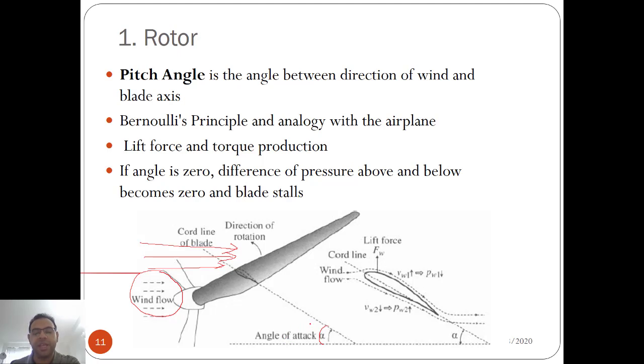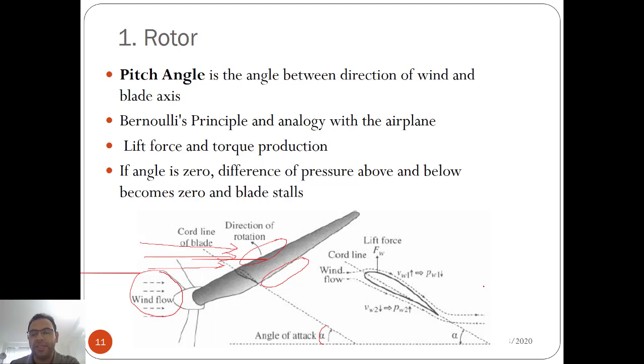By changing this angle, I can adjust what the pressure will be over the top surface and what the pressure will be on the lower surface. Now, what is the principle of Bernoulli? Bernoulli's principle states that if you have higher speed in a fluid, the pressure will be lower, and if you have lower speed in a fluid, then pressure will be higher.